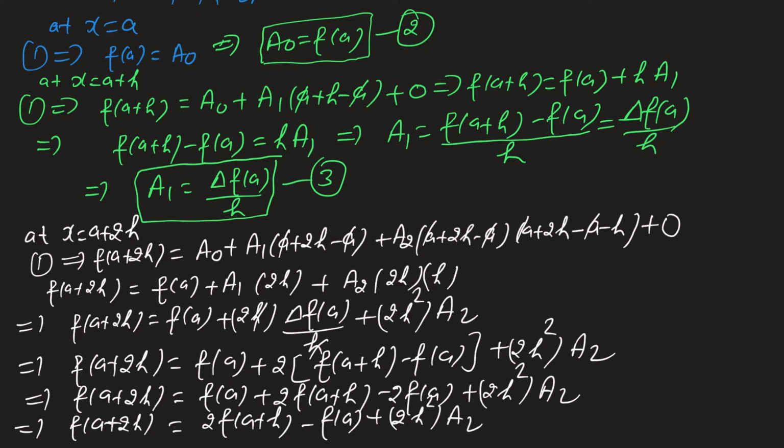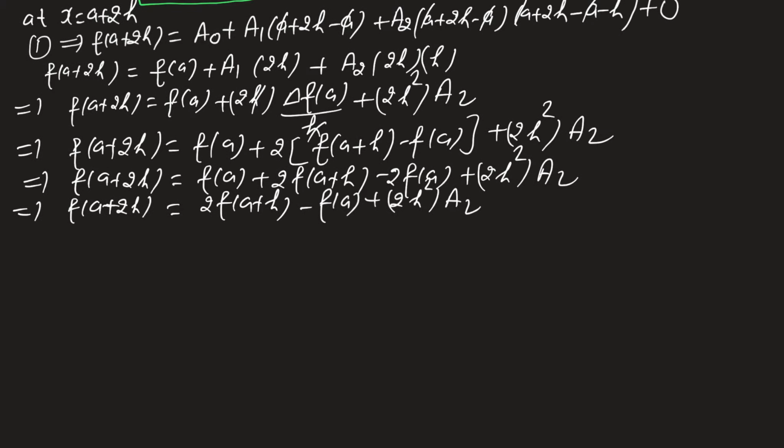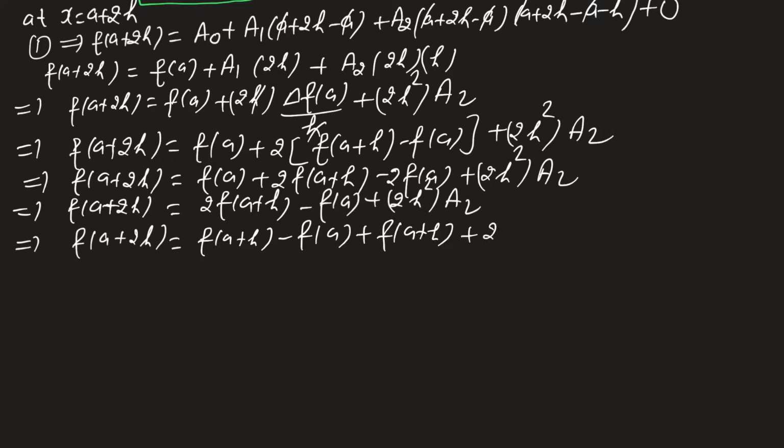Now we will write this as f(a+2h) is equal to, and this twice of f(a+h) is split into 2 f(a+h) minus f(a) plus f(a+h) plus 2h² a2.